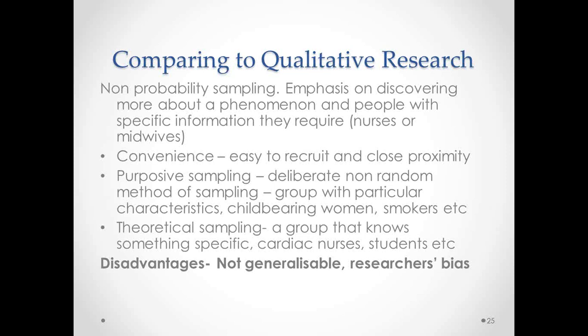Obviously, the disadvantages here are they're not generalizable, and you might have a degree of researcher or investigator bias, but as long as you have supported that with discussion and, in a way, confessed to it, it is an appropriate way to sample your desired participants.